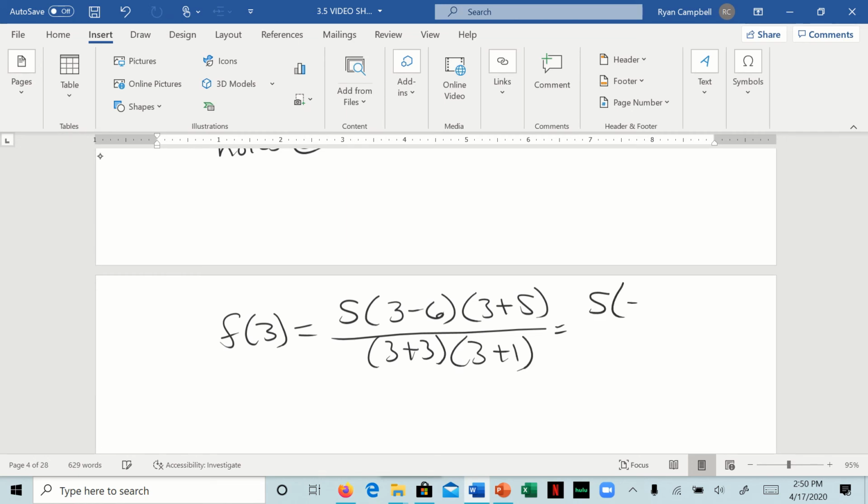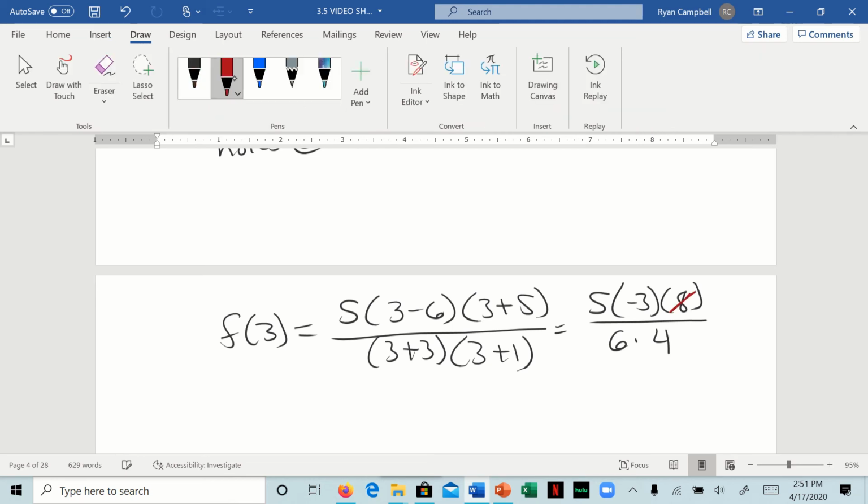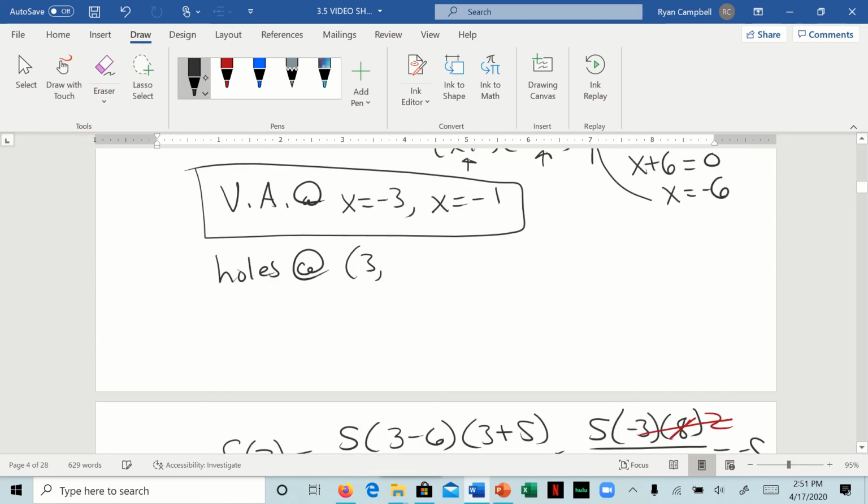So we get 5 times negative 3 times 8 over 6 times 4. We can see that 8 divided by 4 is 2, and then 3 and 2 is just 6, so we end up with negative 5. So our point is 3, negative 5. So we have a hole at 3, negative 5.